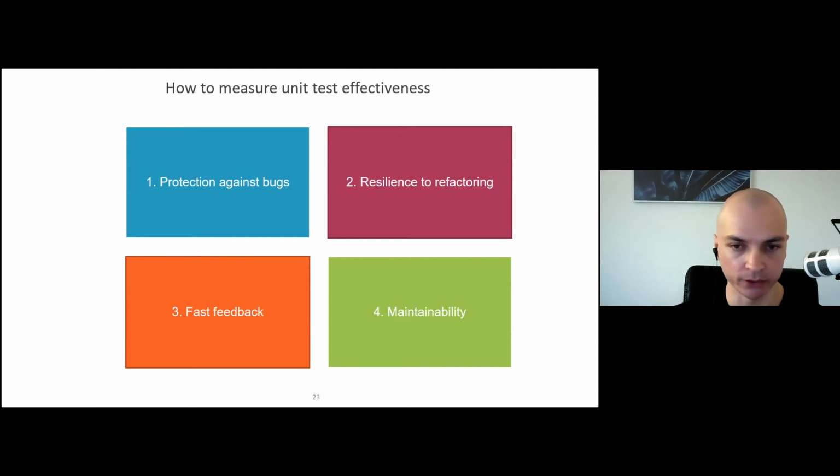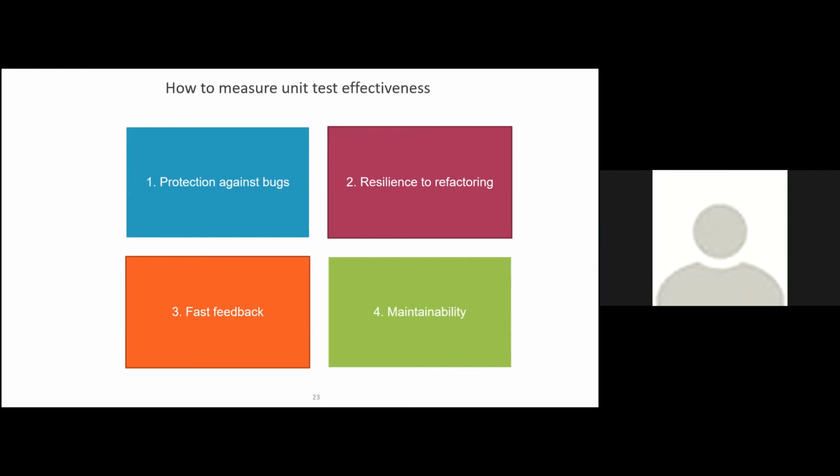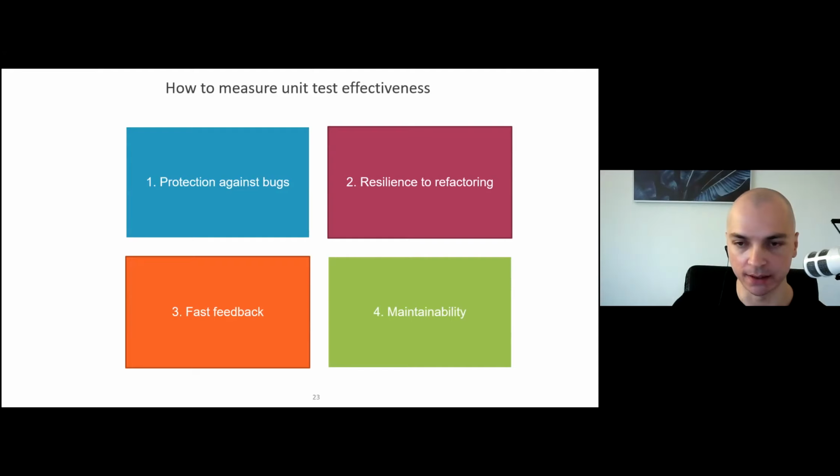I see quite often that people pay proper attention to protection against bugs, to fast feedback, to maintainability, but they don't pay proper attention to resilience to refactoring. And that's the reason for a lot of problems with unit tests. And why is that, why don't people pay proper attention to resilience to refactoring?